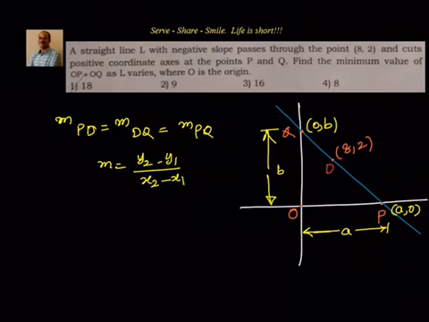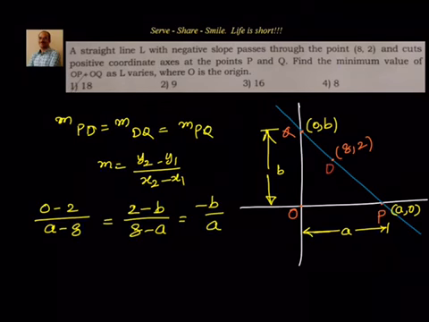Applying that formula, the slope of PD is (0 minus 2) divided by (A minus 8), which equals the slope of DQ, that is (2 minus B) divided by (8 minus 0), which is also equal to minus B divided by A.